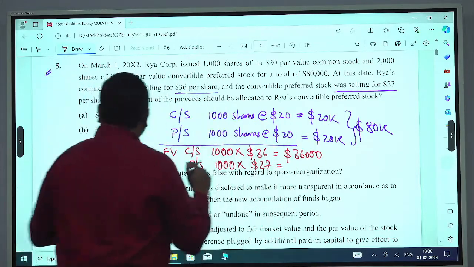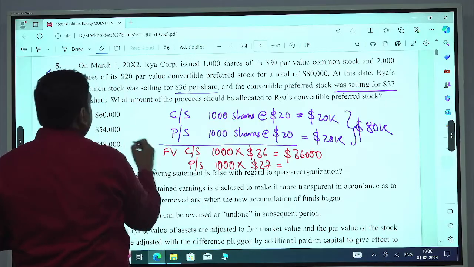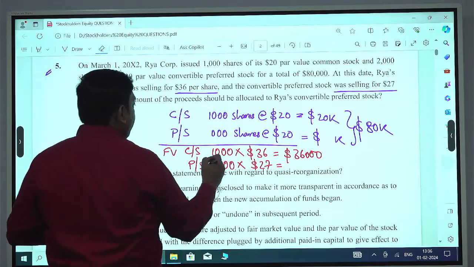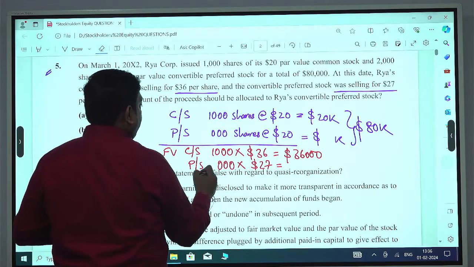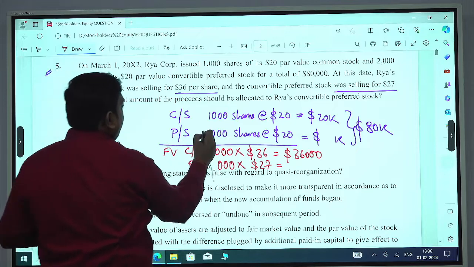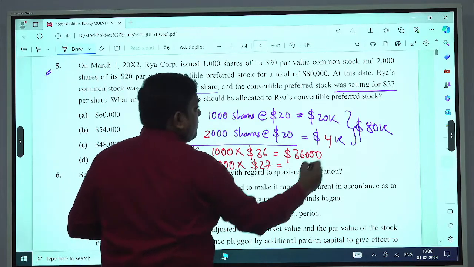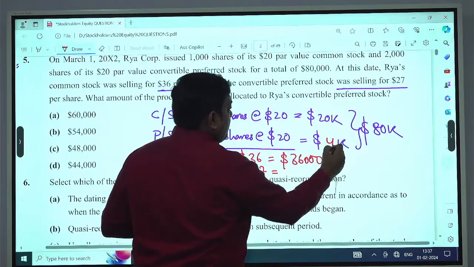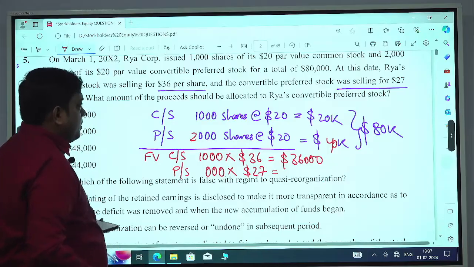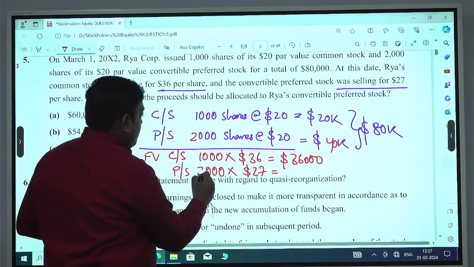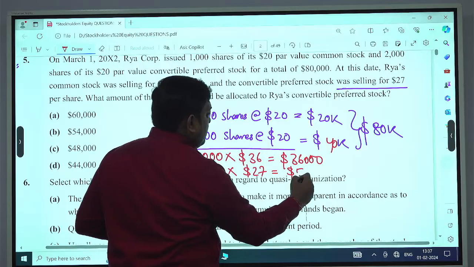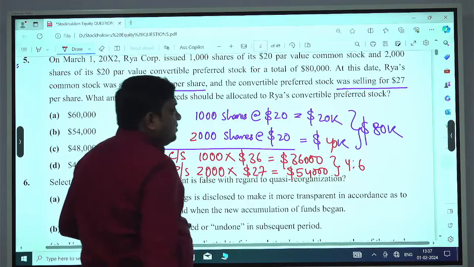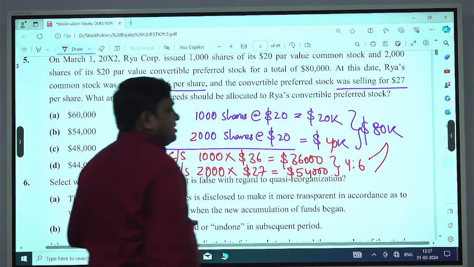Sorry. Now the ratio is 4:6. So divide this consideration in 4:6 ratio.